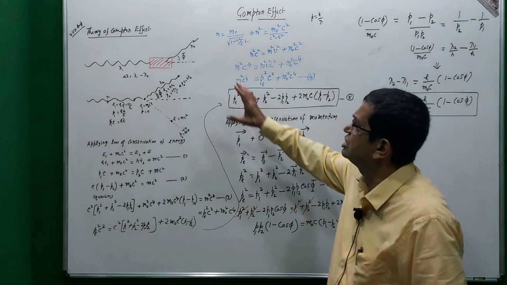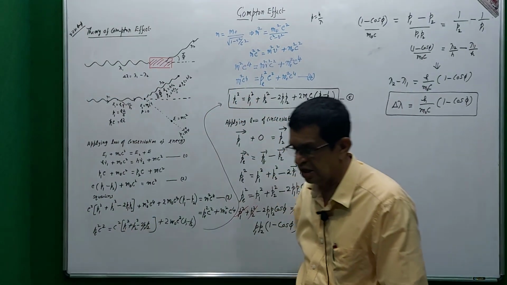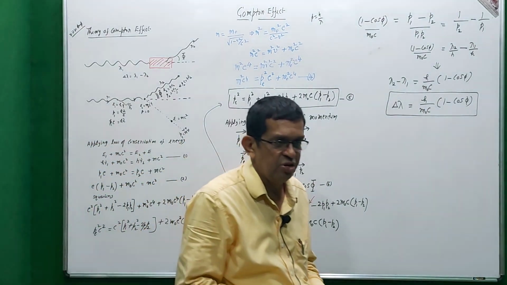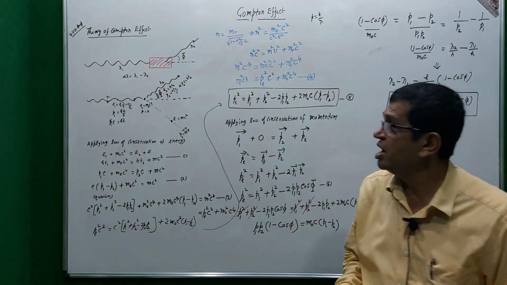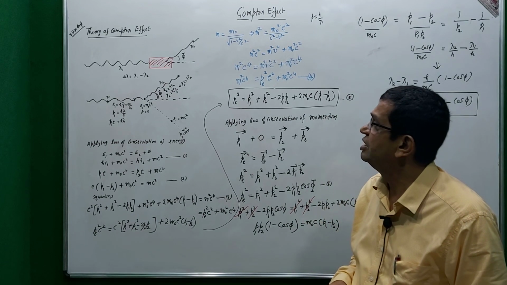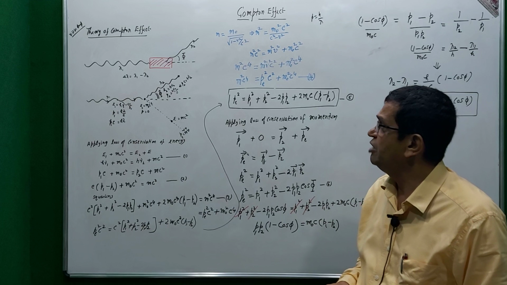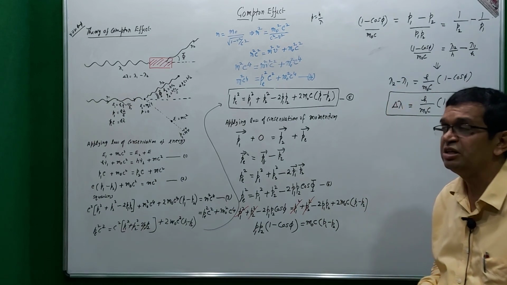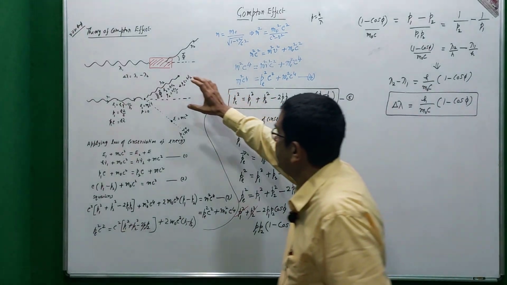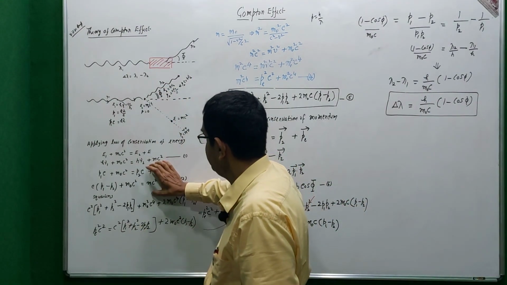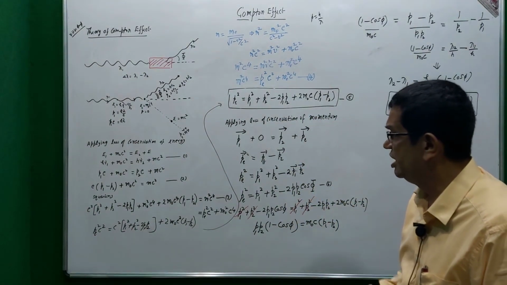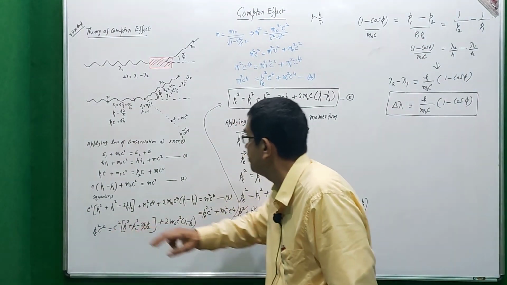This derivation is extremely important, not only from the point of view of physics, but from the point of view of examination. Usually, for the full 7 marks, this derivation is asked in examination: derive the expression for the change in the wavelength due to the Compton scattering. Therefore, we applied the law of conservation of energy. Then we made a slight mathematical jugglery to get this P square C square.